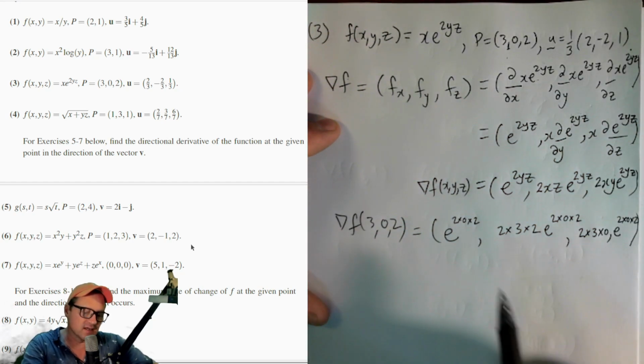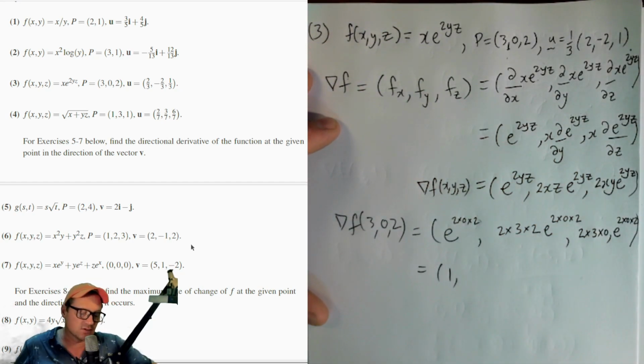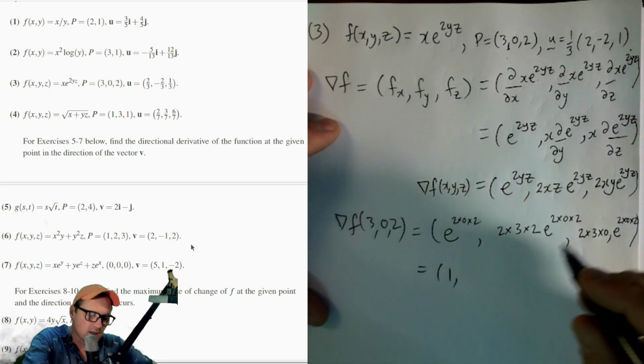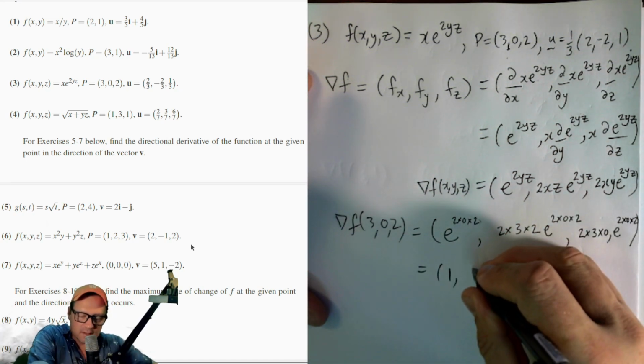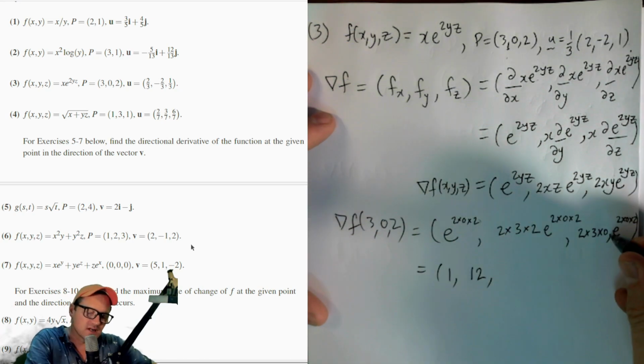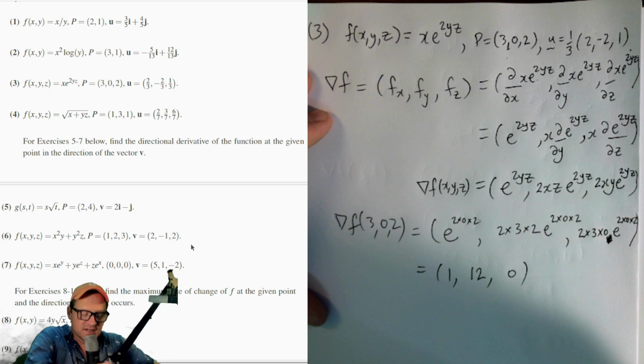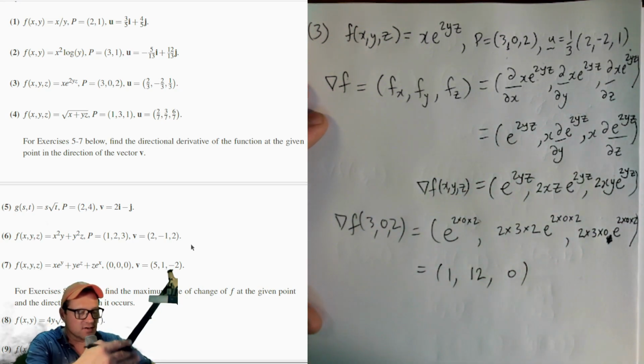Okay, simplifying this, here we have e to the 0, which is 1. 2 times 3 times 2 is 6 times 2, which is 12, times e to the 0. So 12 times 1 is 12. And then over here we have 0. I shouldn't have a comma there. Get rid of that. Okay, so (1, 12, 0). All right, so that's our gradient vector at the point P.